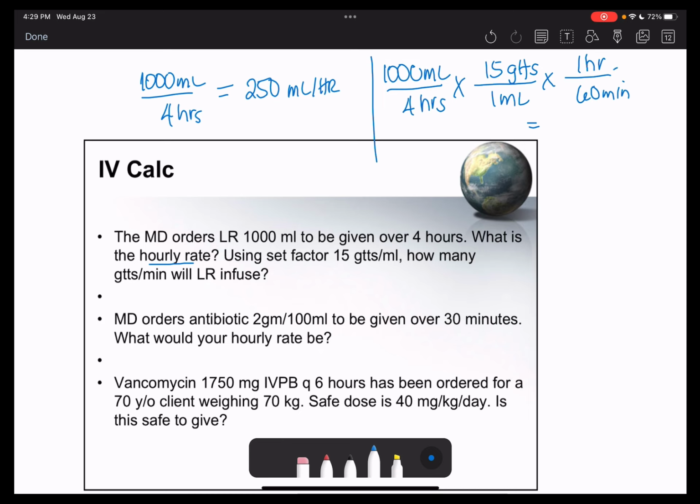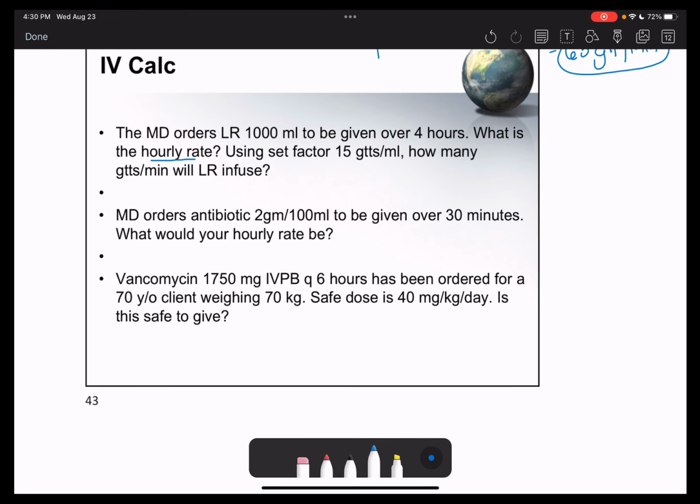So that's 15,000 over 4 times 60, 240. So 15,000 divided by 240 equals 62.5, right? But then again, this is drops per minute. It should be in whole numbers, so we're going to round it up because this is 5, right? So it's going to be 63 drops per minute for this one.